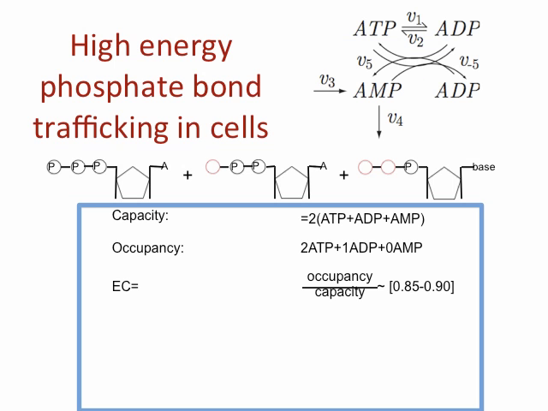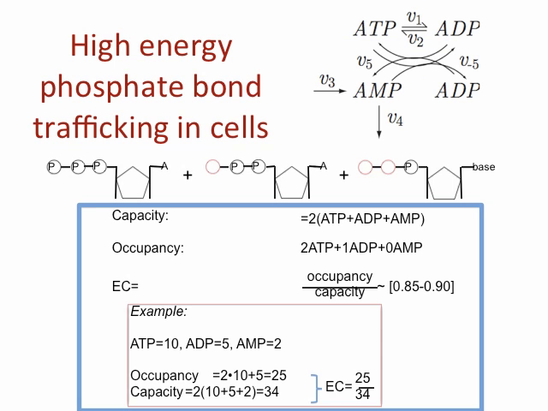If we measure these concentrations, ATP, ADP, and AMP inside living cells, and carry out the calculation of the energy charge, we will find out that most of the time it is between 85 and 90% as indicated. Thus, cells tend to be highly charged, if you will.